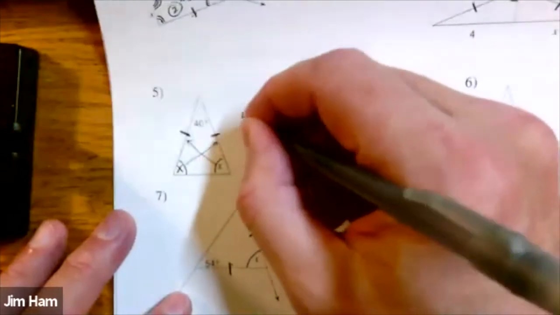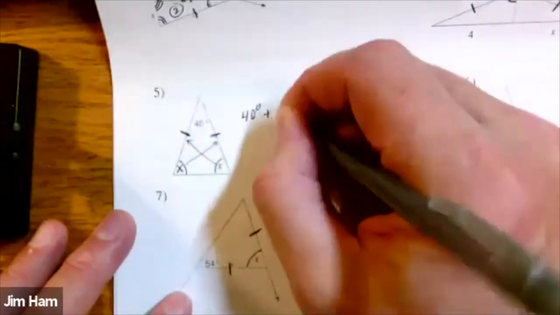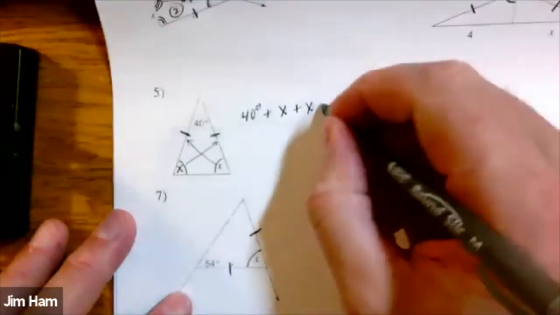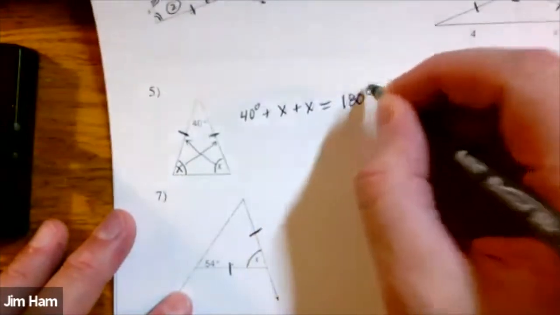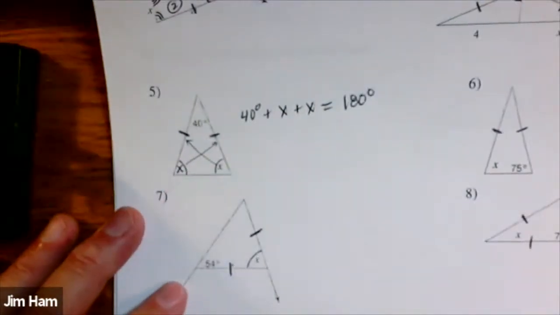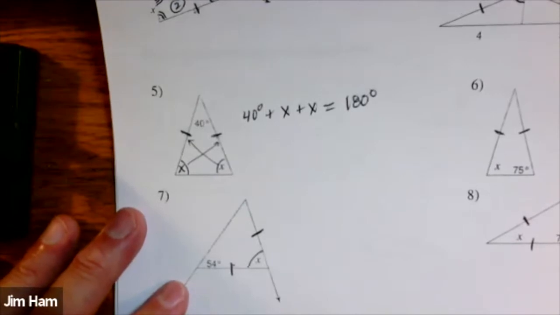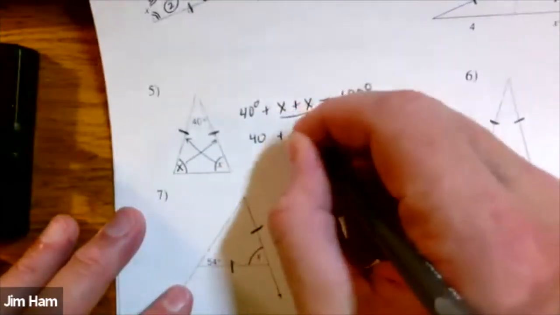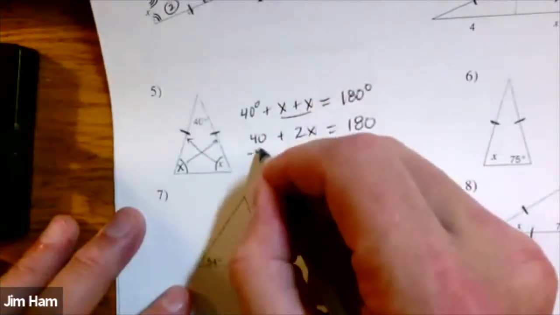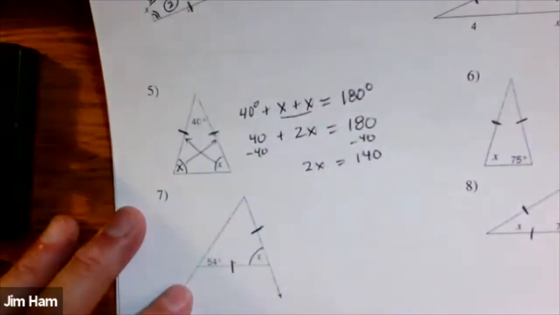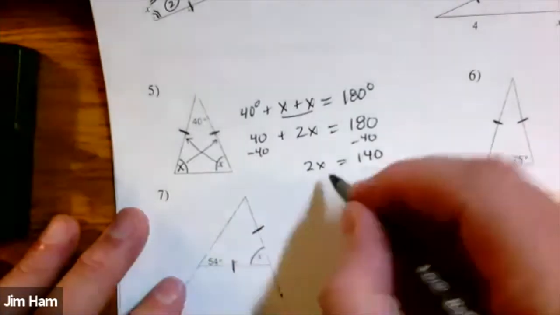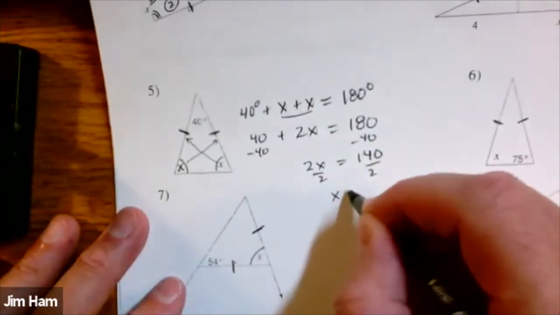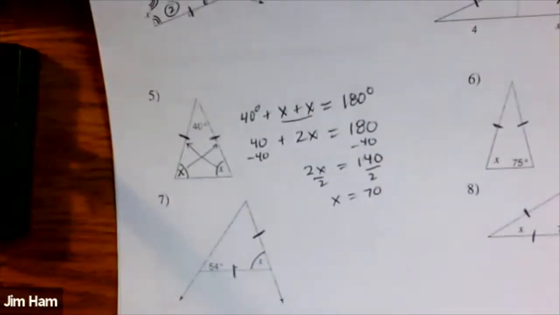And we know that when we add the three angles of a triangle, we have to get 180 degrees. So what you do is you set up an algebraic equation that you can then solve. It's not too hard. x plus x is 2x. And then if you subtract 40 from both sides, 180 minus 40 is 140. And then finally, if you divide by 2, that missing angle must be 70.